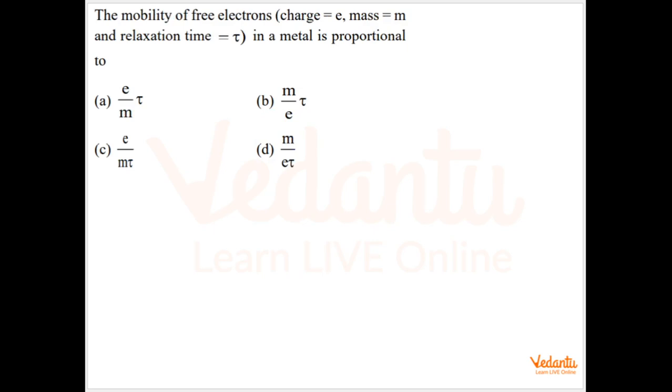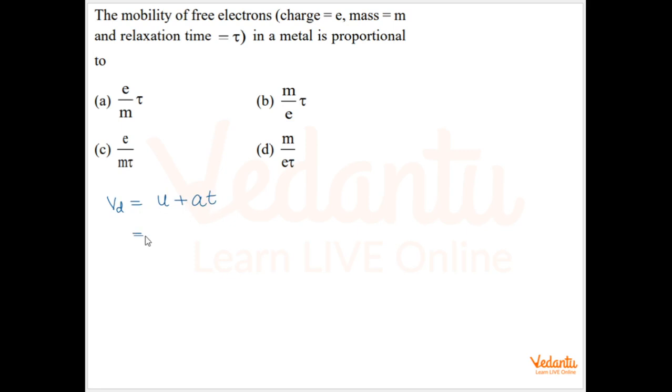Next is beta, the mobility of free electrons in a metal is proportional to what? Now, my dear bachcha log, you have to remember that we can calculate the formula for drift velocity of an electron using v is equal to u plus at.